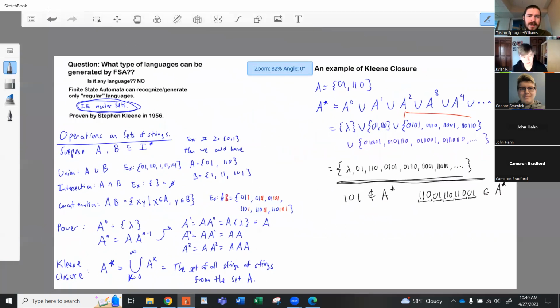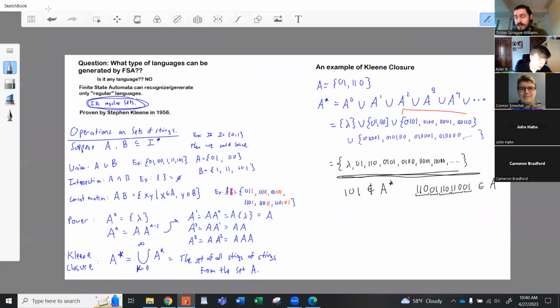So when we use this star notation to denote the set of all strings over an alphabet, technically that is a Kleene closure. If you view the alphabet as a set of strings of length 1, like a set of singleton strings, right?